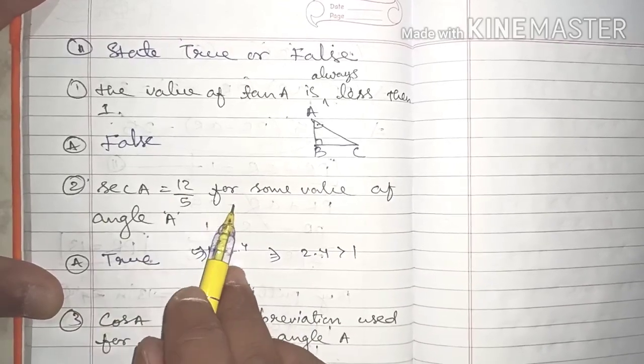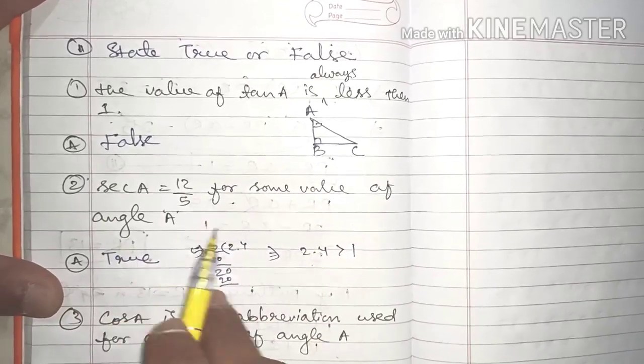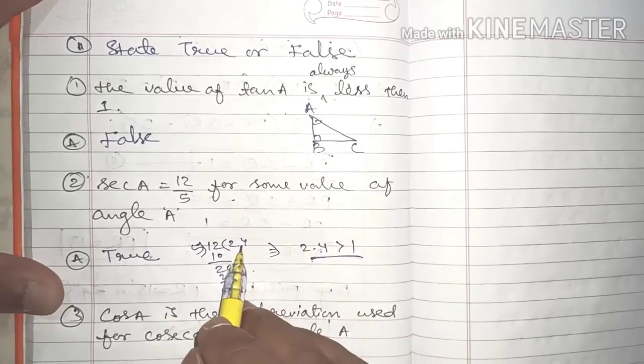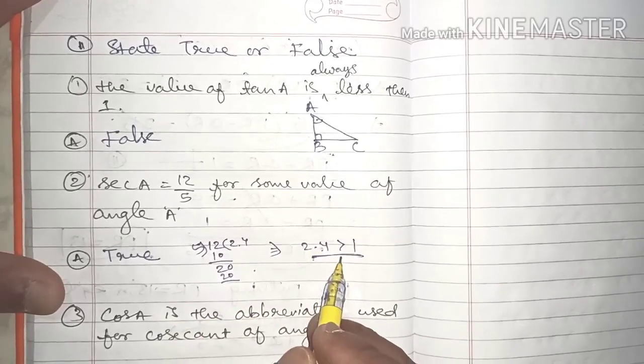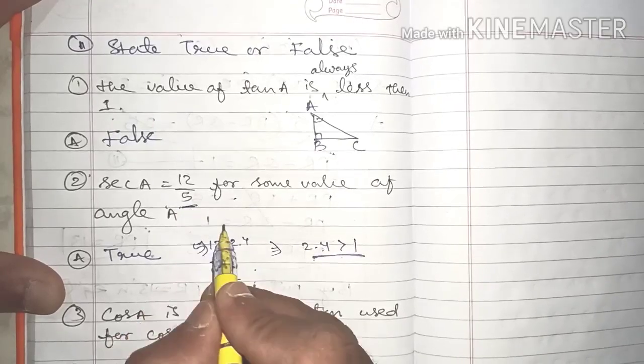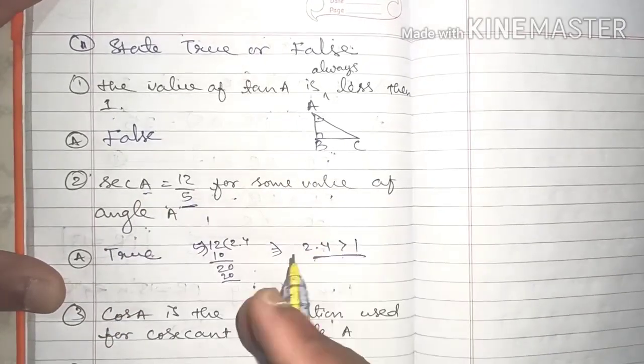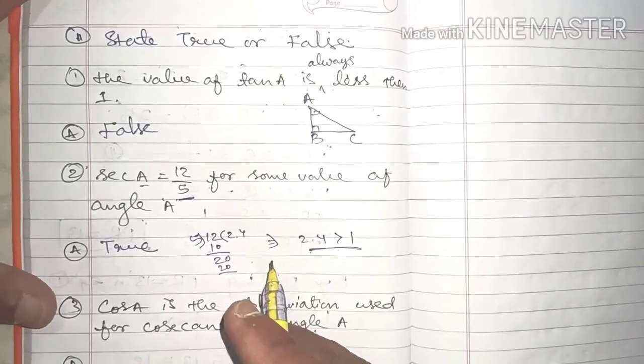So sec A equals 12 by 5 for some value of angle A will be true. The value of sec A can change according to the diagram, according to the situations.